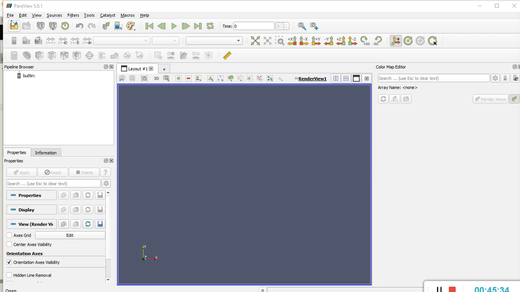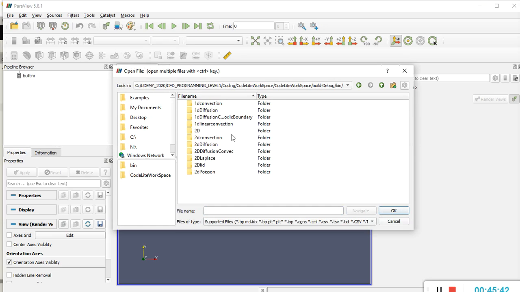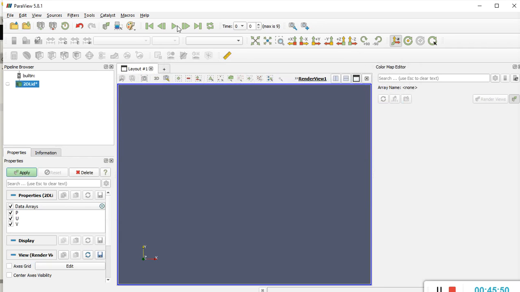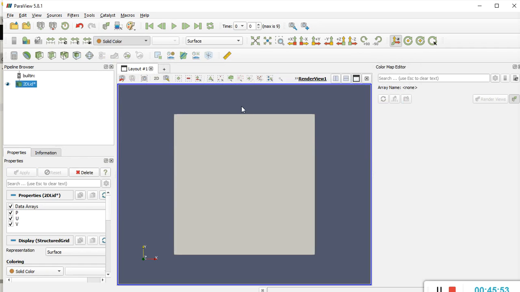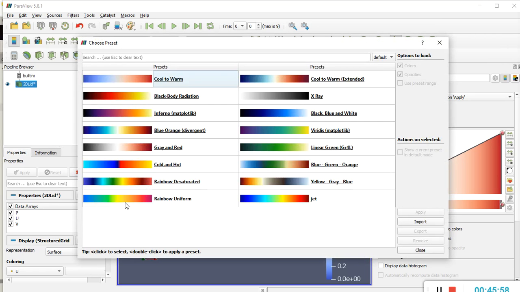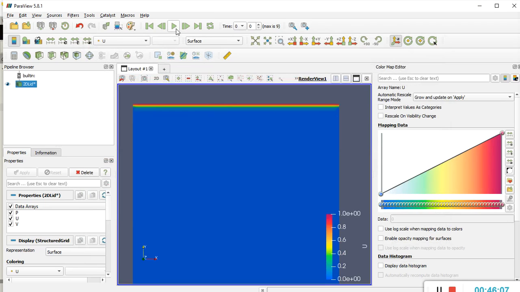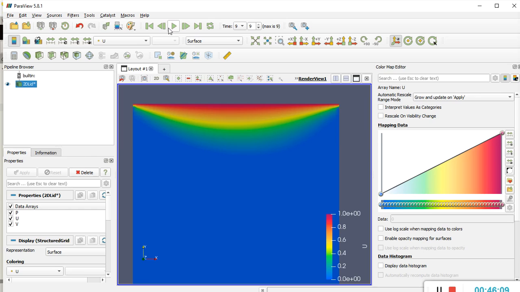I have opened ParaView, and the one I ran for the 50 by 50 grid is in the build debug bin, and I've placed it in a folder called 2D lid, and this is our solution. Let's change the color to something more colorful so we can visualize what is happening. So this is the north side or the inlet velocity, and you can see the development of the u velocity field as time goes on.